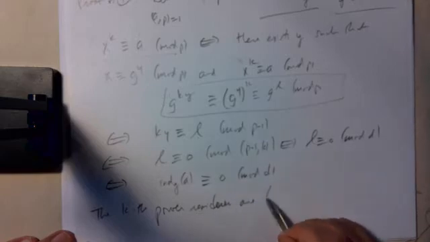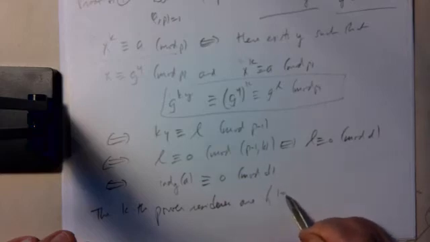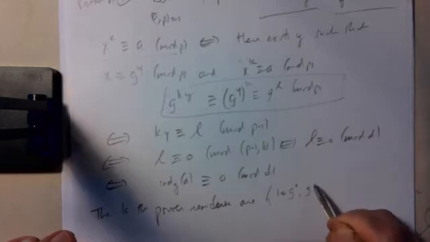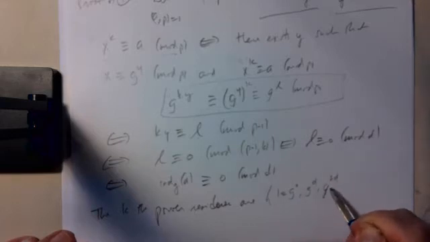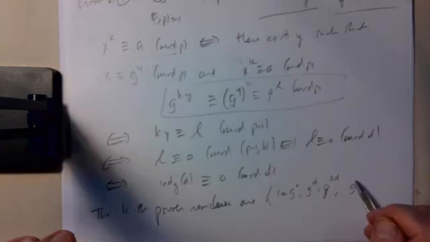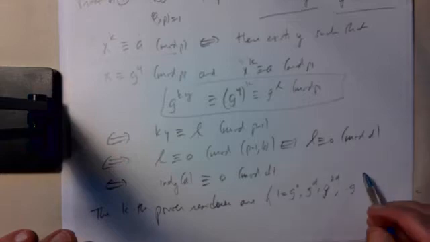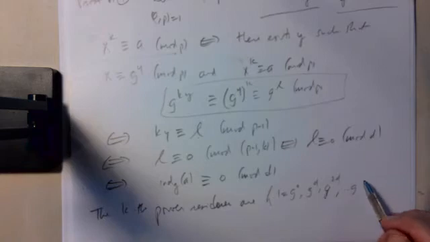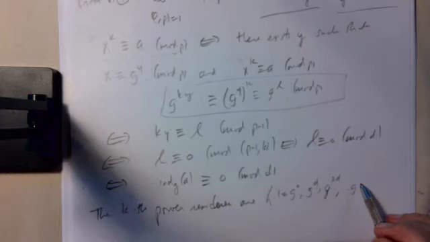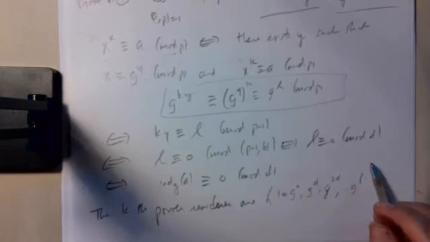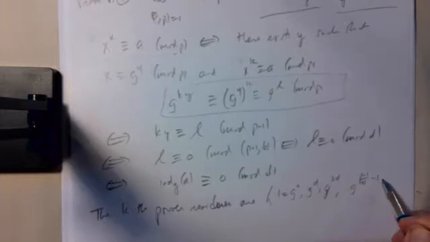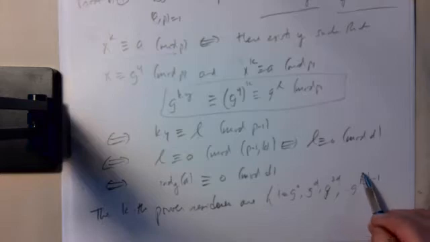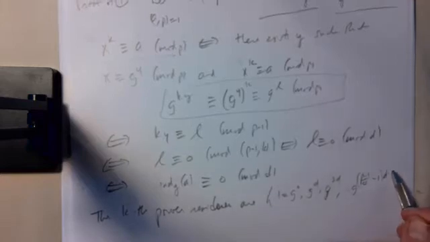The kth power residues are 1, which is g to the 0, g to the d, g to the 2d, all the multiples of d, and the largest multiple of d less than or equal to p minus 1 will be p minus 1 over d minus 1 times d.